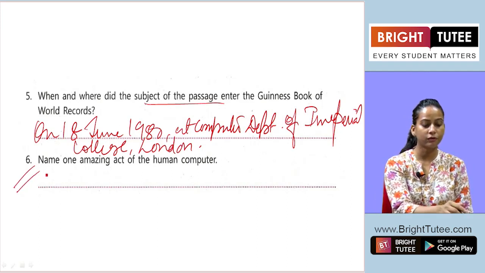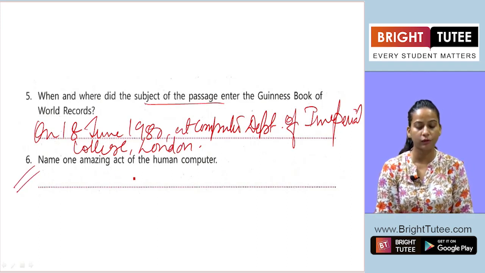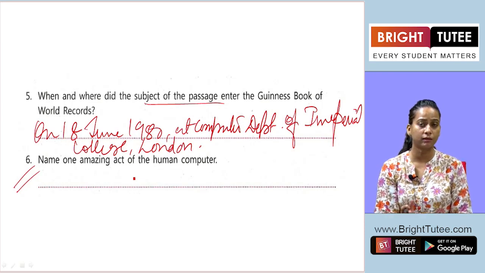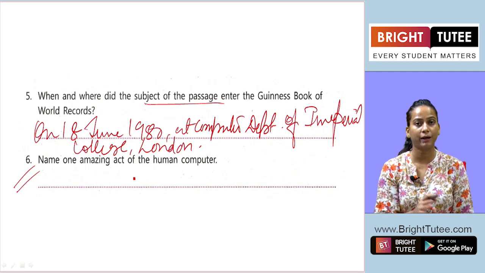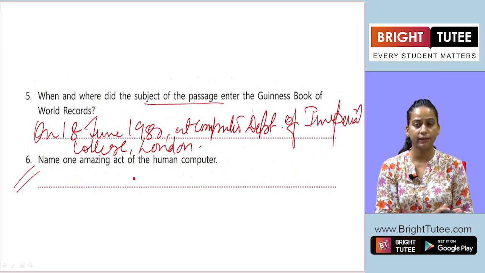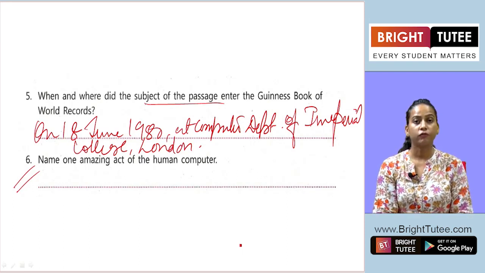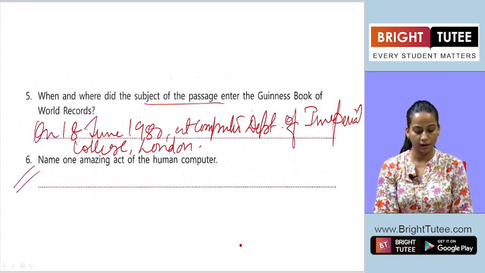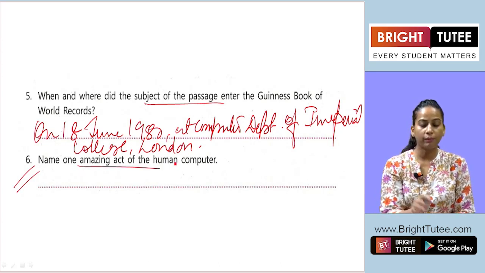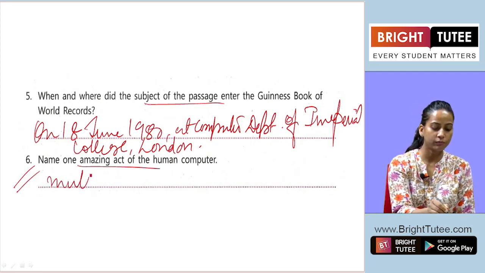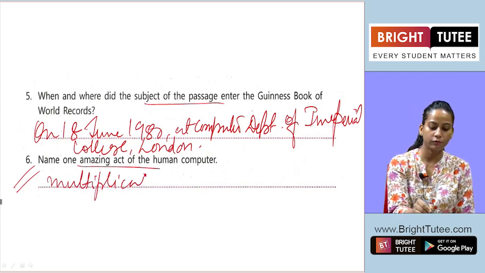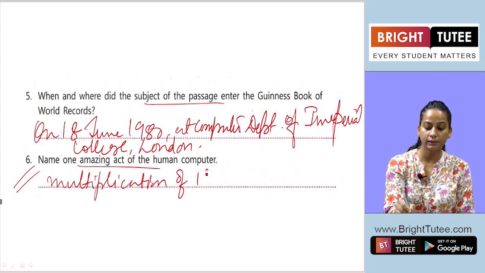Clear? Next, name one amazing act of the human computer. What is another amazing act that we have already got to know in the last paragraph of the given passage? So we can say that one of the amazing acts of the human computer was the multiplication of 13 digit numbers.